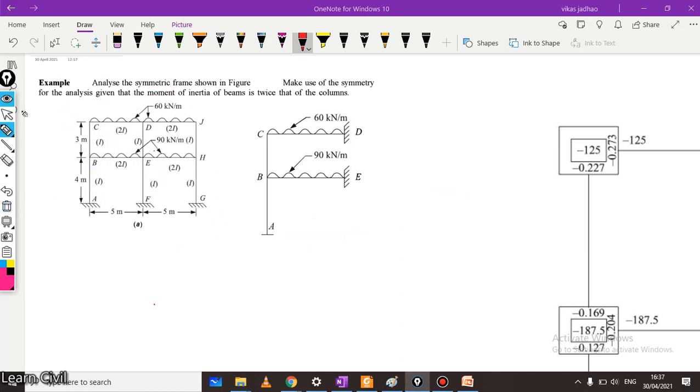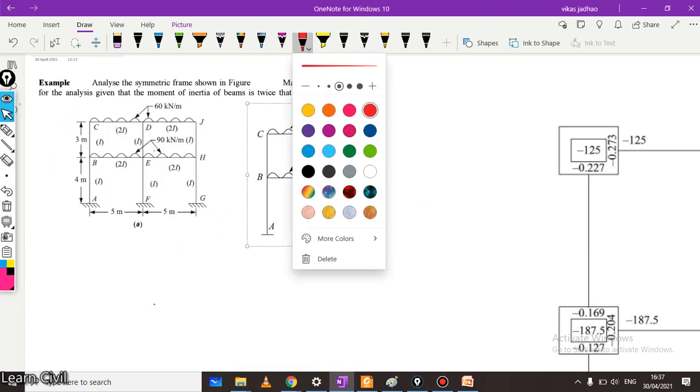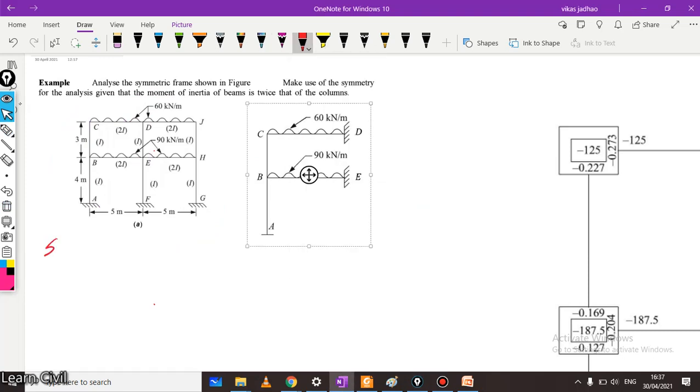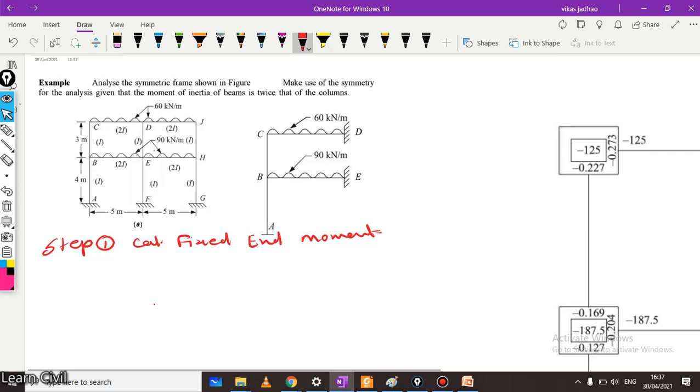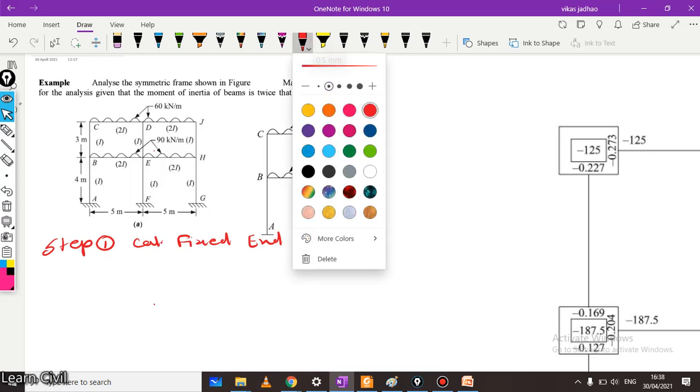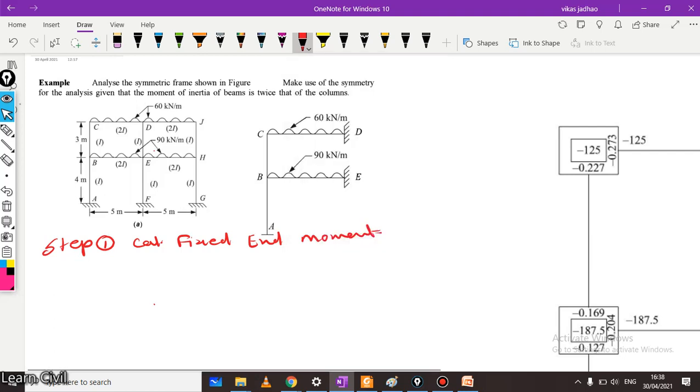So step number one, as usual, is to calculate the fixed end moments. So we'll calculate MFAB for this AB and BC.